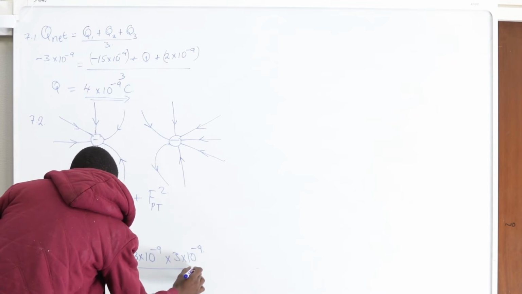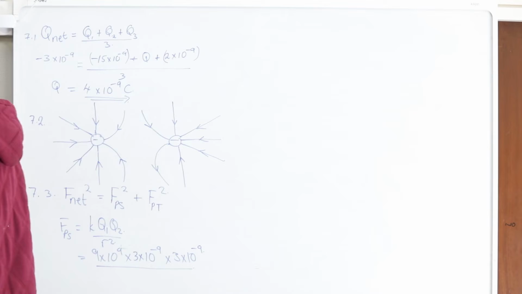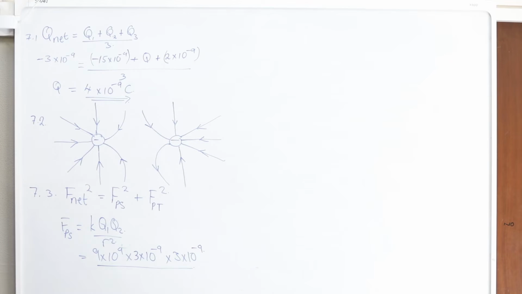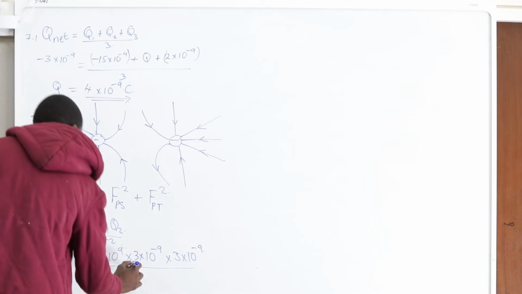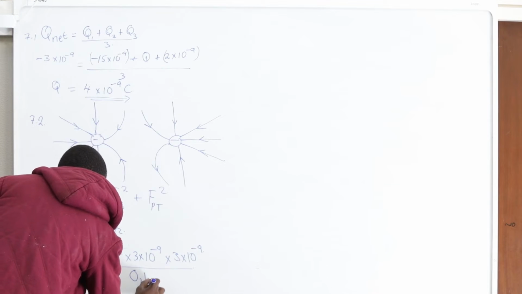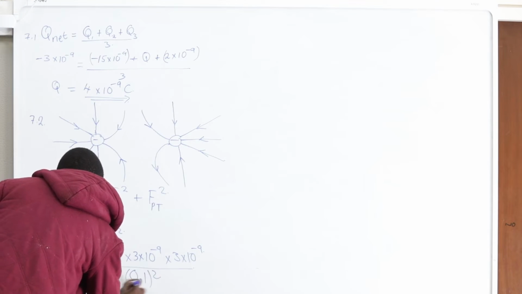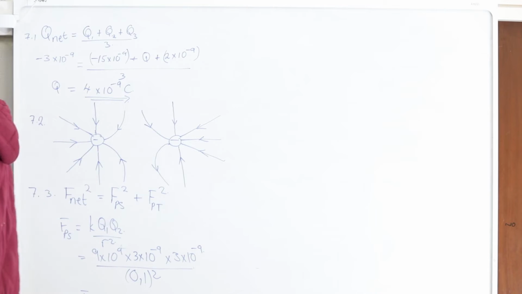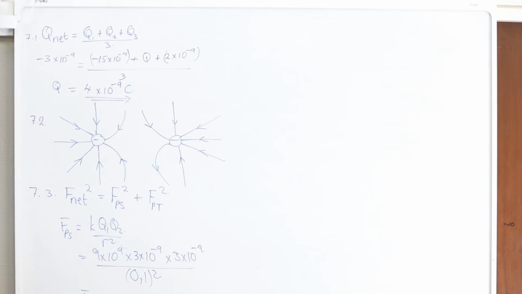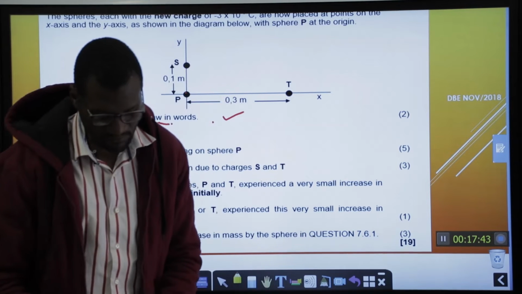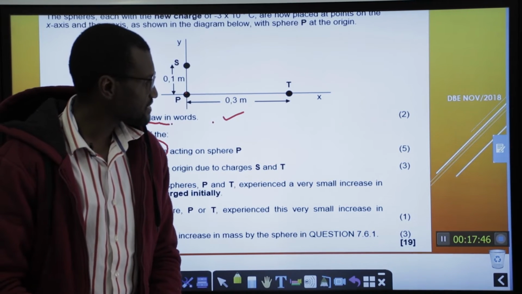Divided by, what is the distance between P and S? The distance between P and S is 0.1 meters, 0.1 meters squared. Once again, it's a call for your calculator to come out, right? And do the calculation for me.